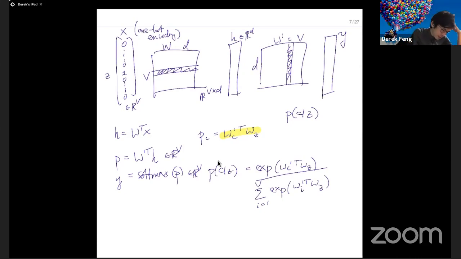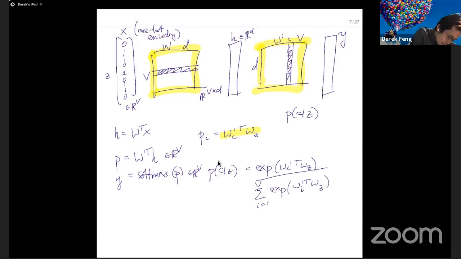So the parameters are all here. Suppose I have some estimate of this, what does my model predict for the word C given Z, right?